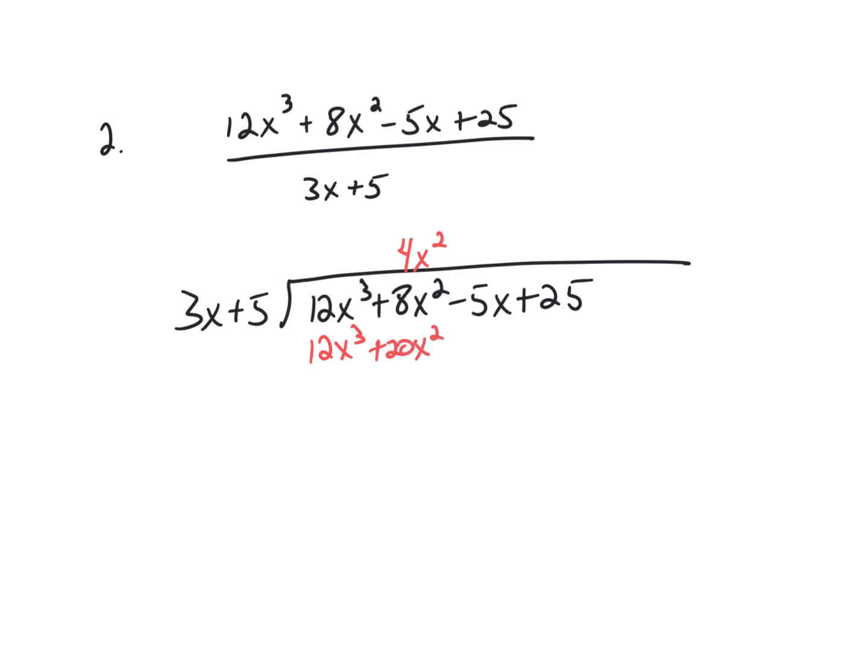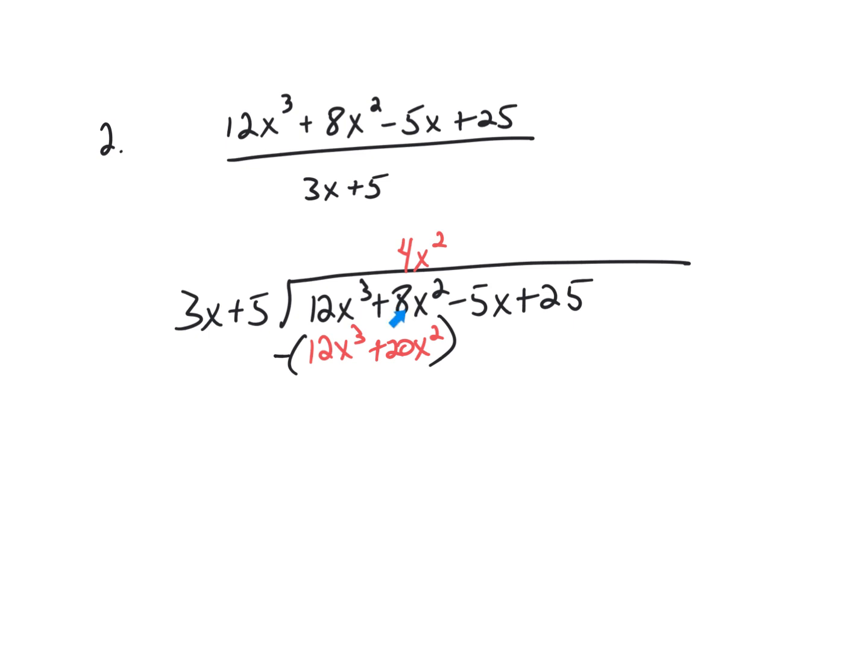Then we need to subtract both of these, so I put it in parentheses. Be careful. This positive 12x cubed became a minus 12x cubed, and now the 12x cubed minus 12x cubed becomes 0. Those canceled each other out, which is what we needed.